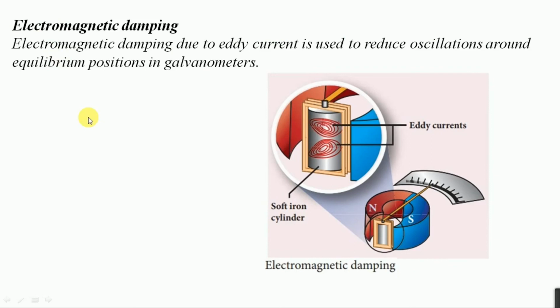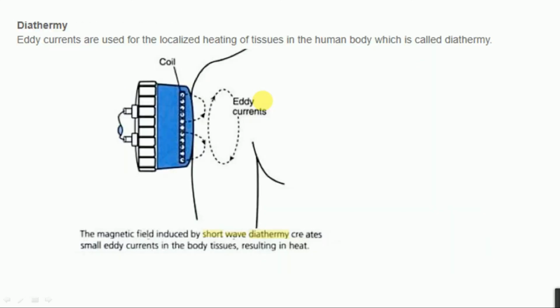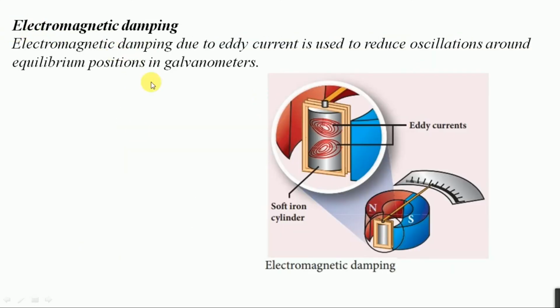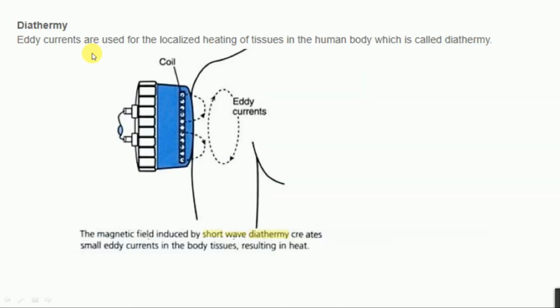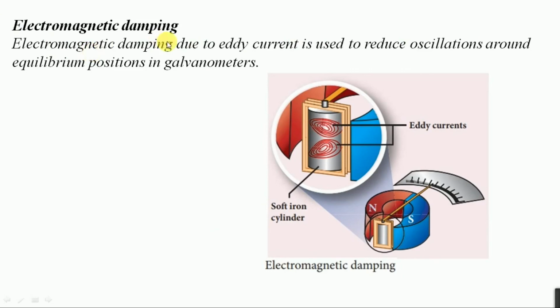Another example is electromagnetic damping. We know the eddy current produces electromagnetic damping.